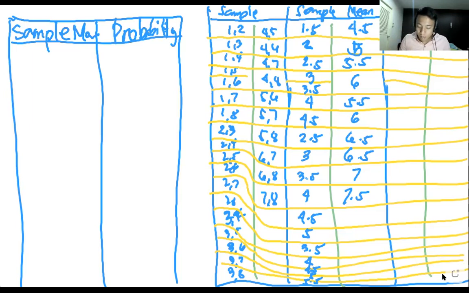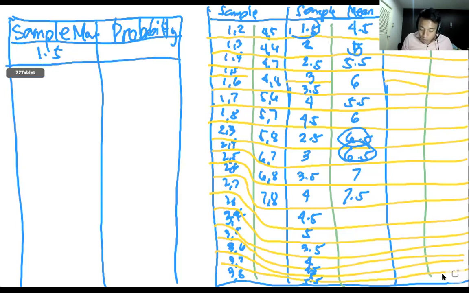For example, this one. We have here 6.5, right? So I will write only one 6.5, and then we will find the probability. Did you get it? For example, we only have one 1.5, so I will just put 1.5 here. Then 2. We have how many 2? Only 1 also. So I will just put 2.